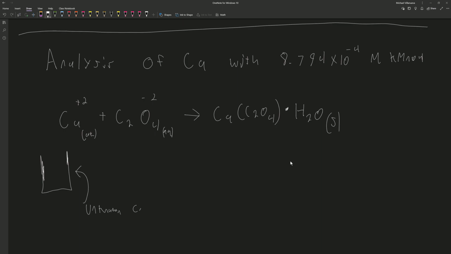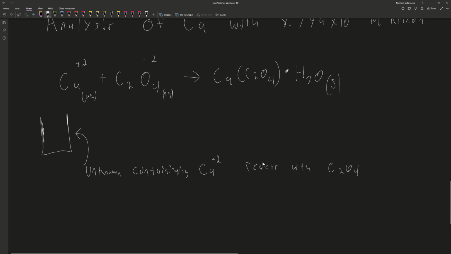Okay, so the idea here is we need to take some unknown containing calcium. It reacts with, so we are reacting the calcium with the C2O4. When we do that, we will get a solid precipitate form.